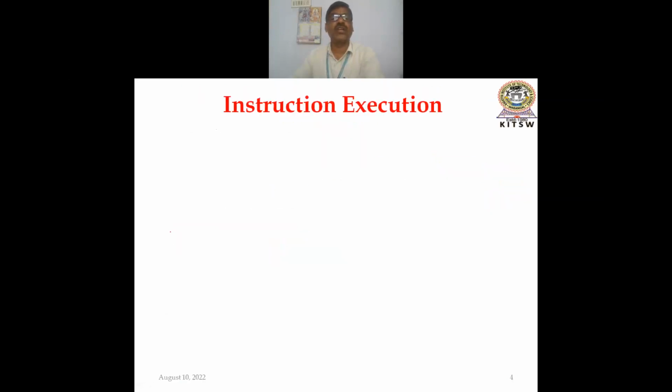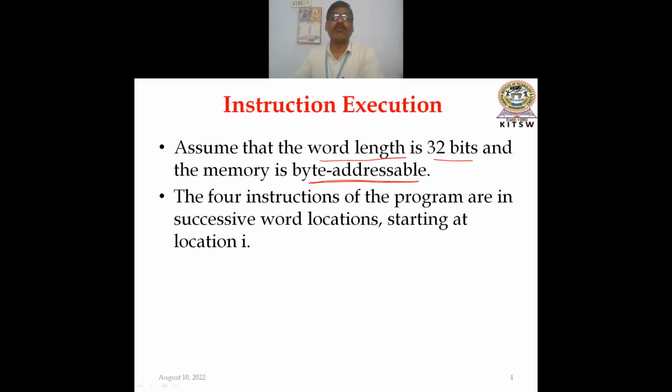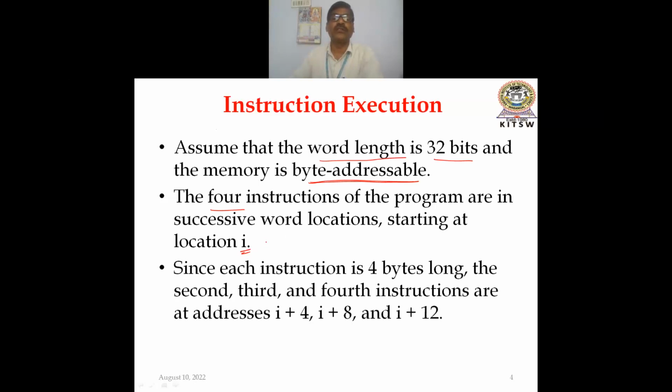These instructions are loaded into the memory, assuming that the first instruction is loaded at the ith location. Because every word is 32 bits, that is 4 bytes in length, the first instruction is loaded at the ith word.